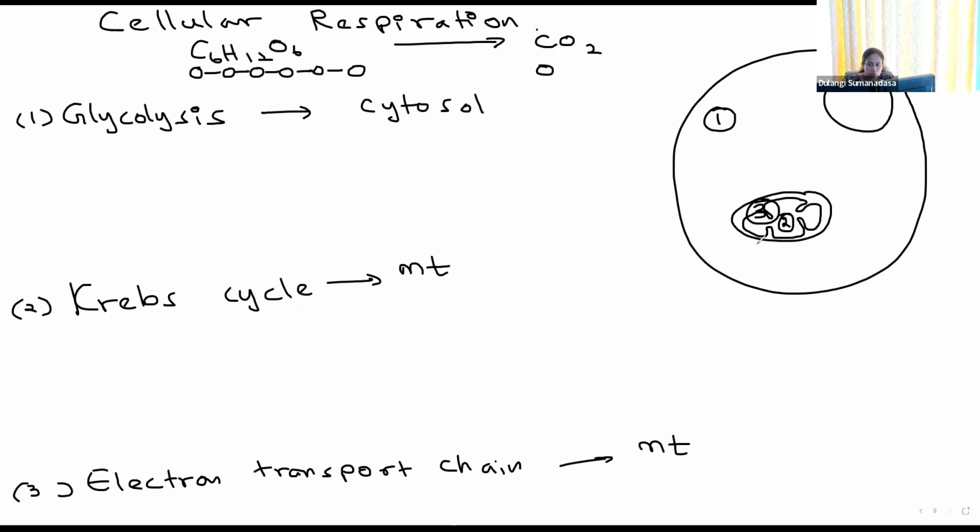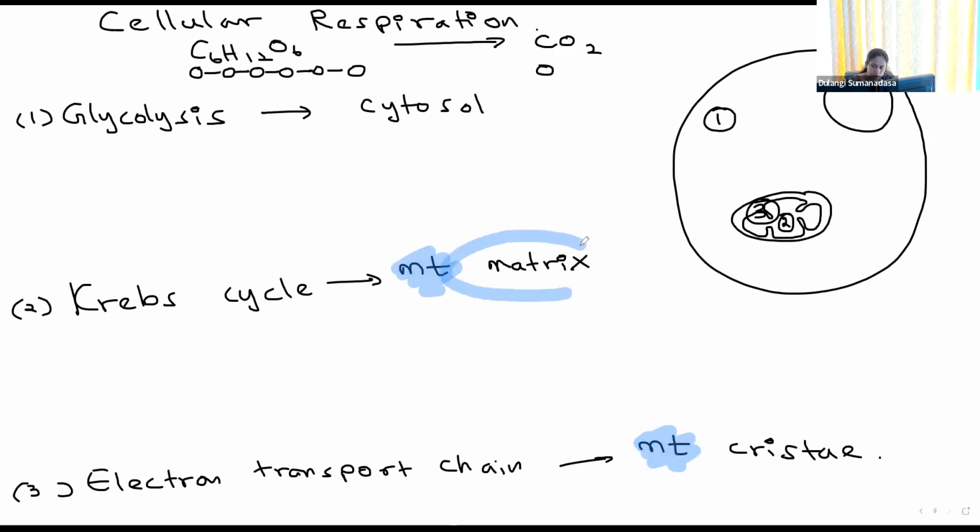Krebs cycle is the liquid, the matrix. Electron transport chain is in the mitochondrion cristae. We got marks deducted in, I think, 2017 for not writing mitochondrion, right? I think it was matrix they were asking, right? Those who just wrote matrix didn't get any mark.